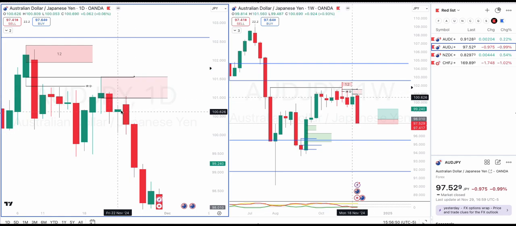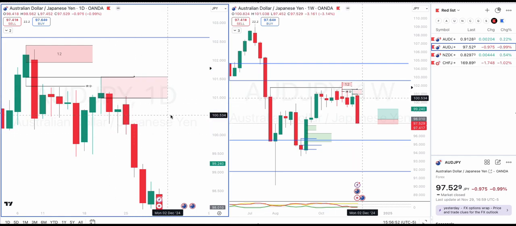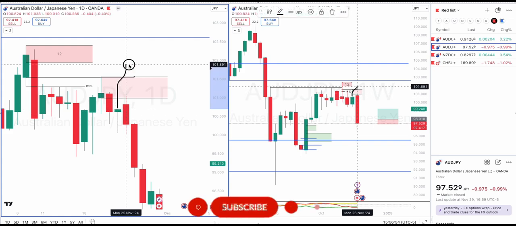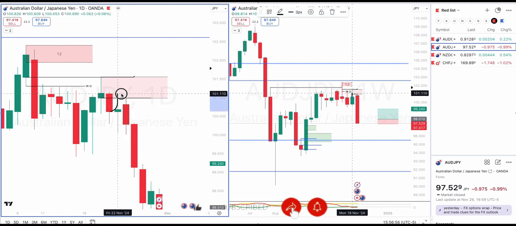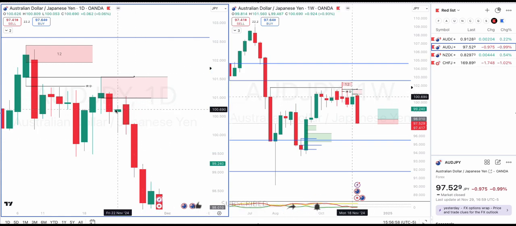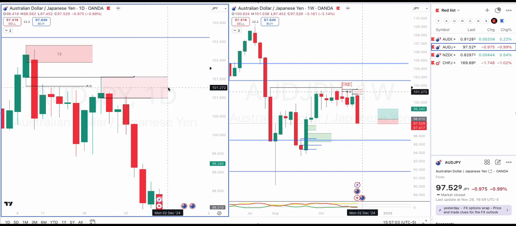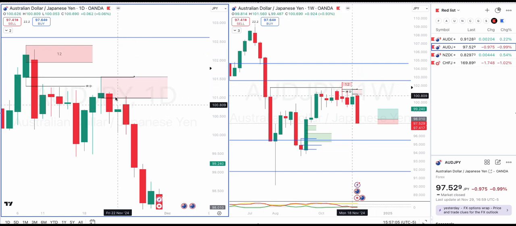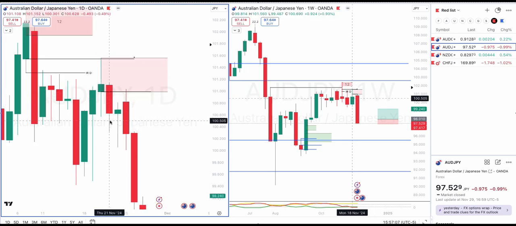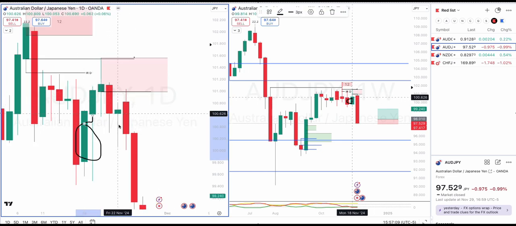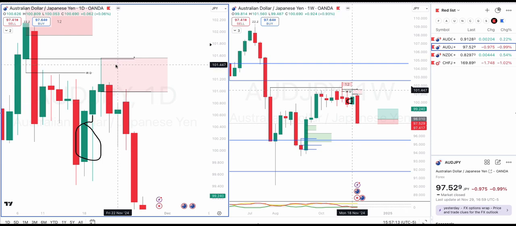So on this day, the time is to just sit and watch: does it go up and reject, or does it go here and reject? If it goes here, a limit order here is fine. But a limit order here doesn't make much sense because there is some small lower time frame demand. This candle could have just gone here. So it's not worth it.